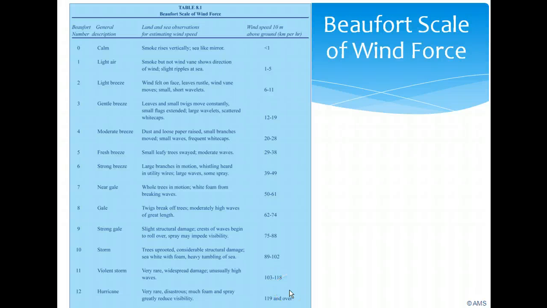So anything over 74 miles per hour in terms of wind force is considered a hurricane.